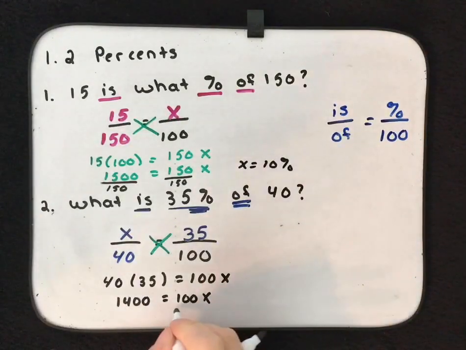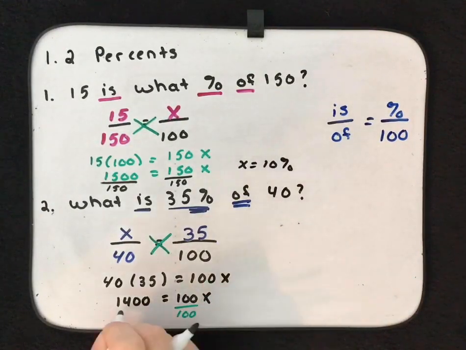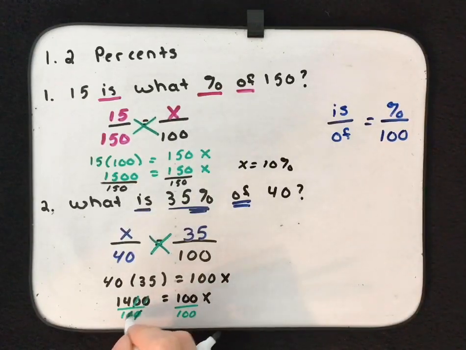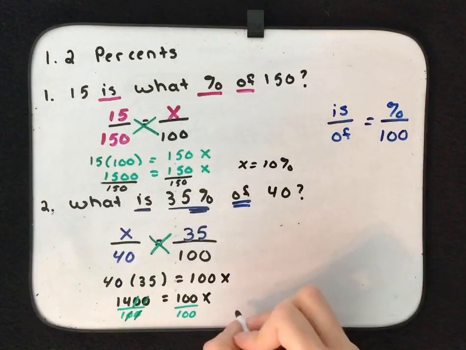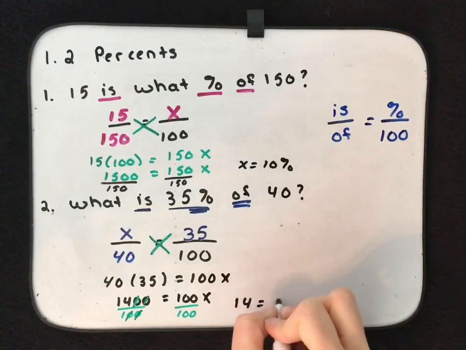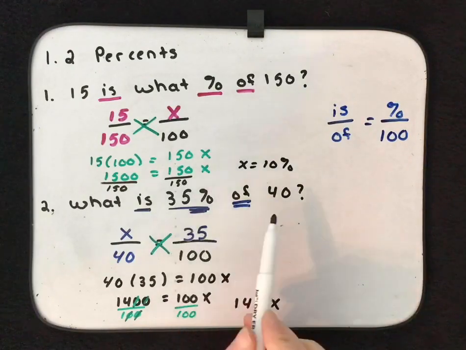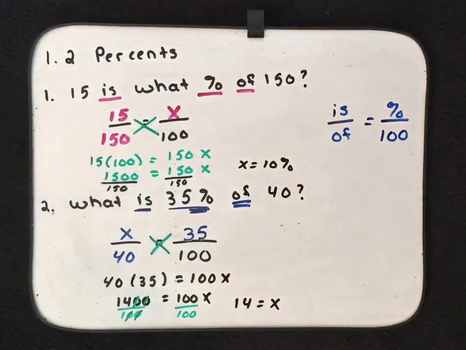We want to solve for x, so we divide by 100. Divide by 100. Easy way of dividing by 100 is cancel out the zeros, so we get x equals 14. So what that means is 14 is 35% of 40. Let's try again.